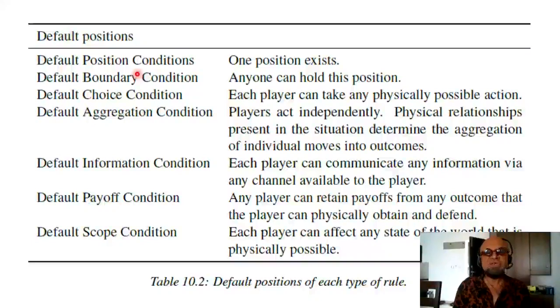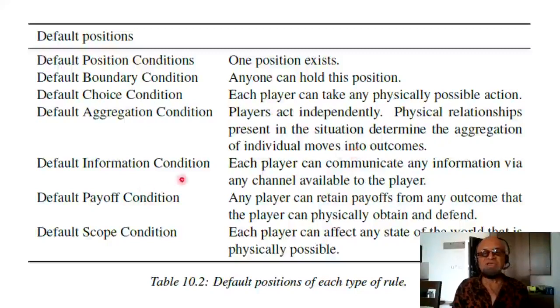Okay, so default positions of each type of rule. Default position condition: one position exists. Default boundary condition: anyone can hold this one position that exists. Default choice condition is that each player can take any physically possible action, and then you add conditions as to what goes beyond default. Default aggregation condition: players act independently. Physical relationships present in the situation determine the aggregation of individual moves into outcomes, right?